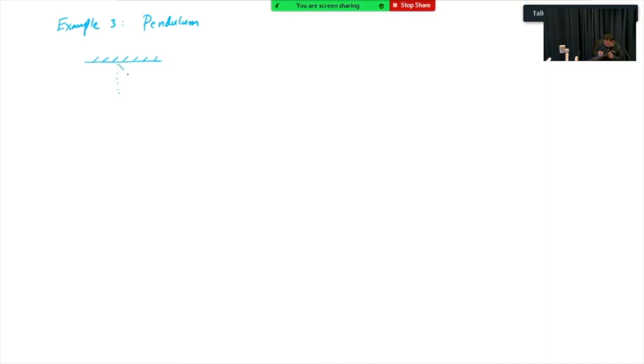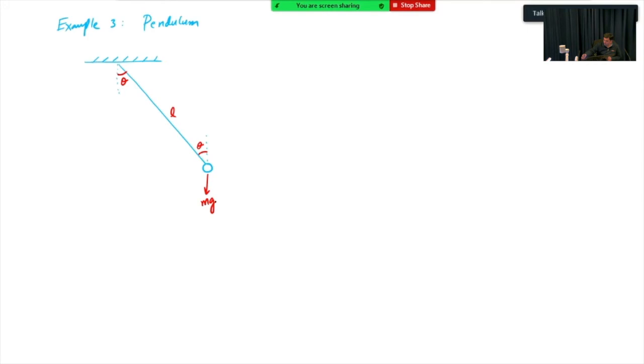So there's a pendulum with a certain mass and a certain angle. So there's an angle of suspension, which is theta. There's a length L, and there is a mass, or let's say the weight is called mg.